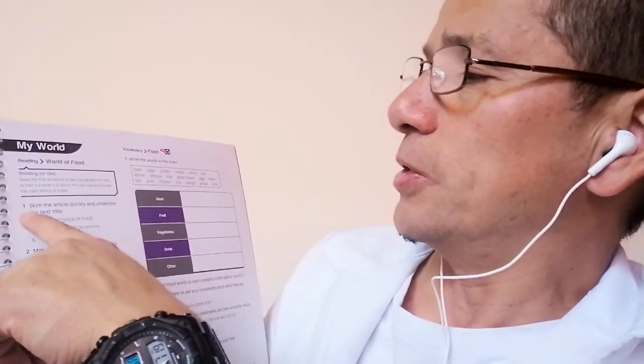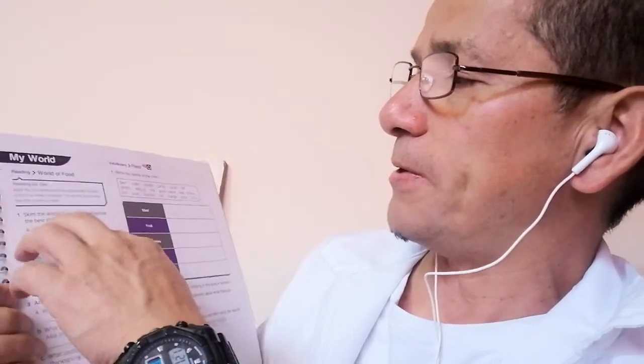Let's go to page 43, because I already read the last page, 42. On this page 43, remember you need to answer the questions. You see here you need to do reading comprehension.